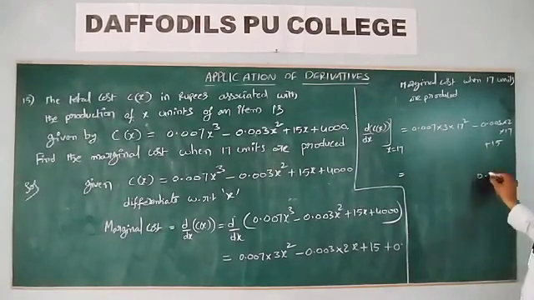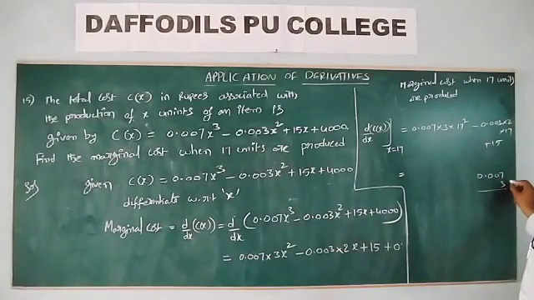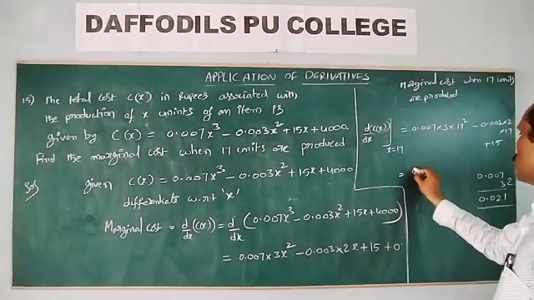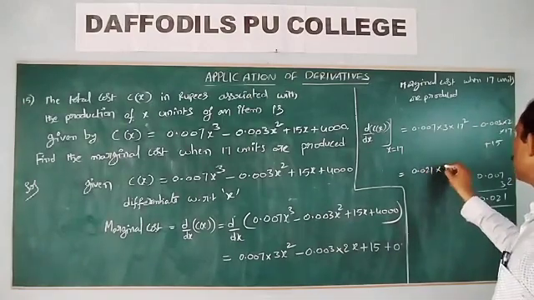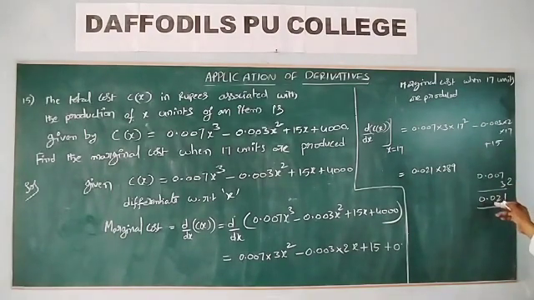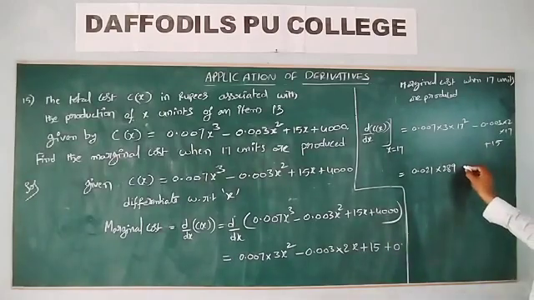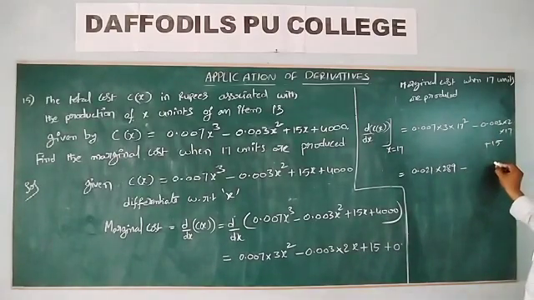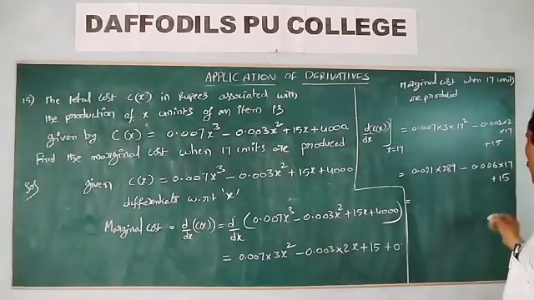And this value is 0.007 into 3, 3 sevens are 21, so 0.021 into 289. And minus 2 threes are 6, so 0.006 into 17, plus 15. So calculate this.